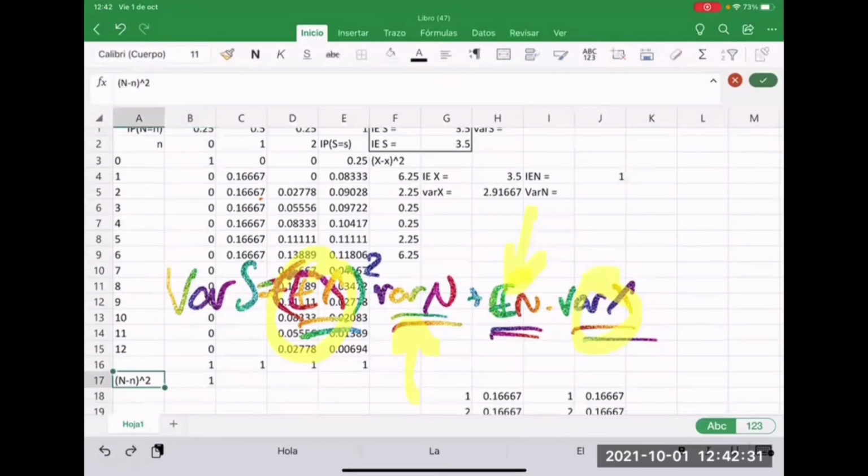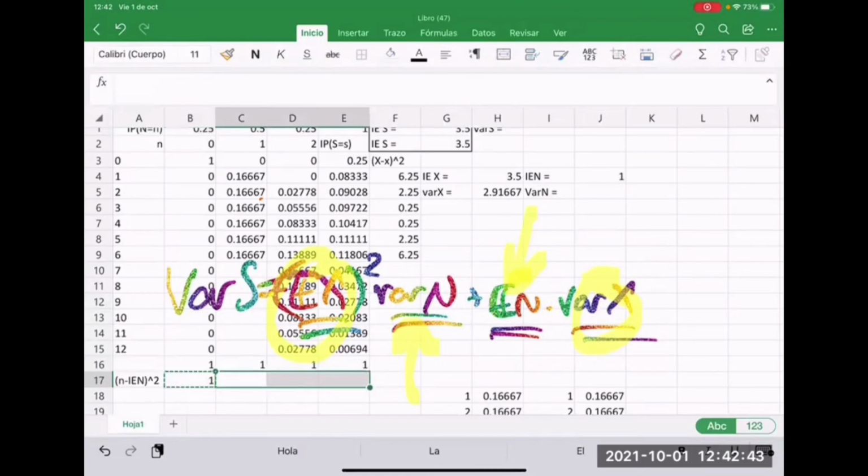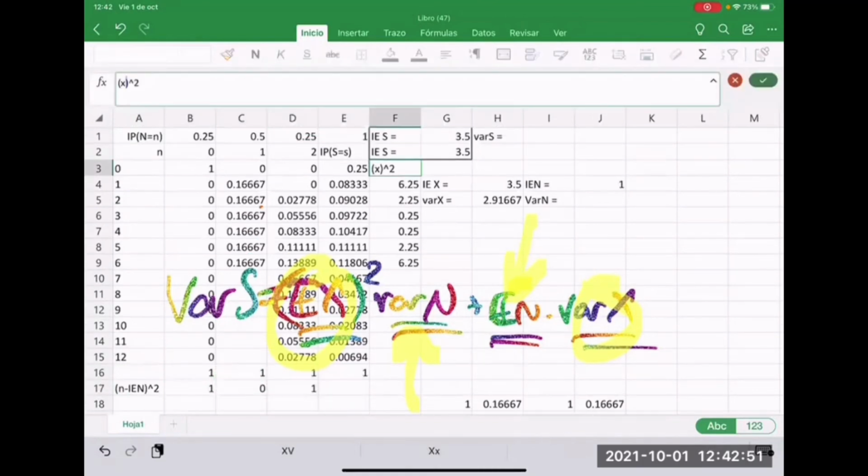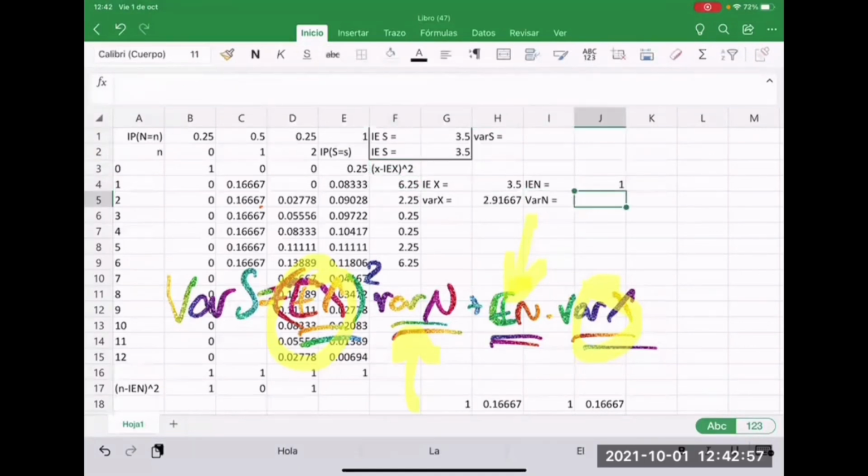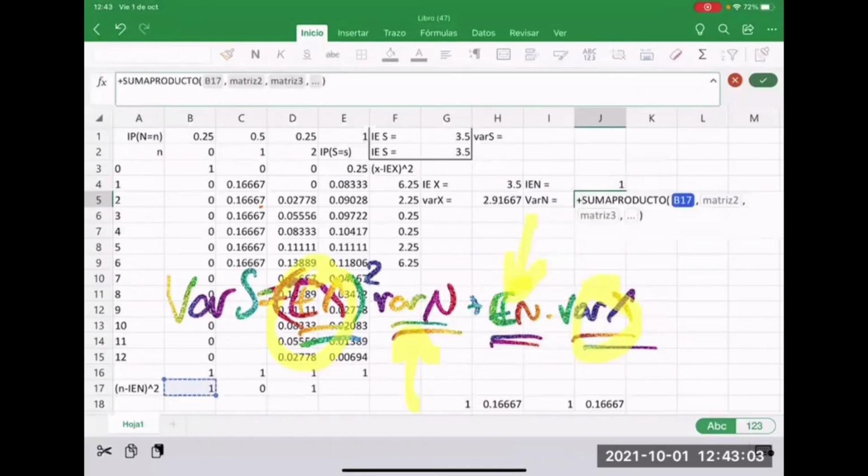Oh, I see that I made a mistake here. So I meant n minus the expectation of n, sorry. And the same goes for all these values here. I need to have x minus the expected value of x here. And well, the variance is just the sum product of these values with these other values here.